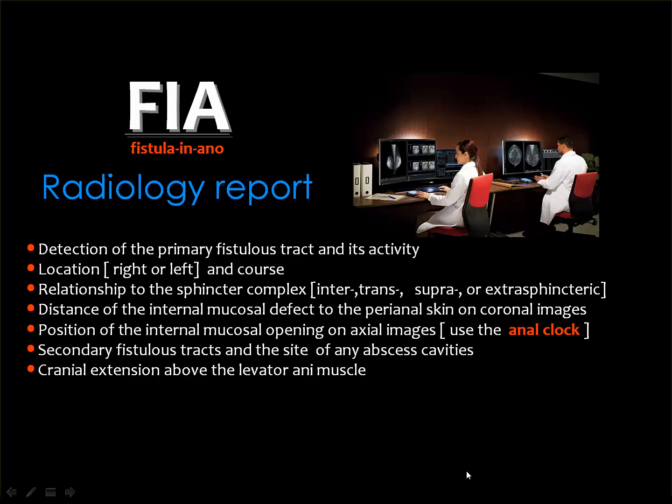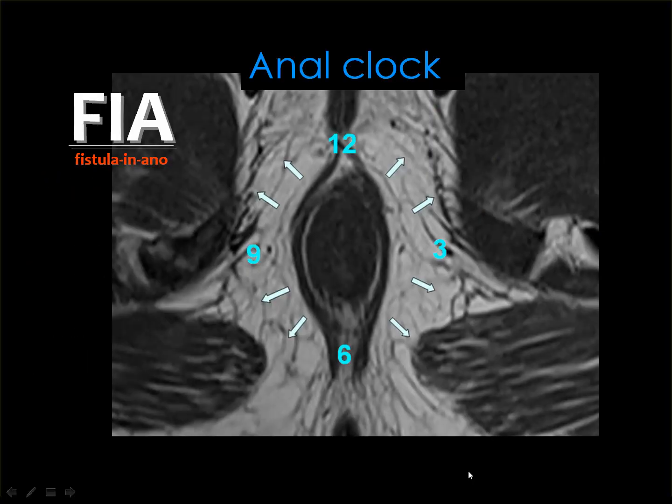These are the items that should be included in the report. This is the anal clock, where you imagine that the anal area is similar to a clock. And if the fistulous opening is here, you mention at 3 o'clock, here at 4 o'clock, and so on.